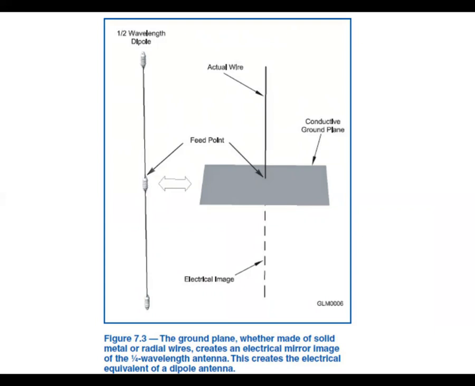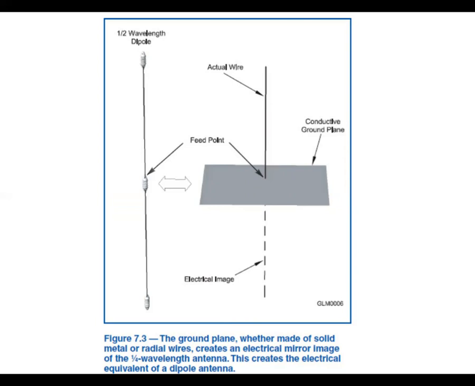You just put the actual wire up, whether it's a post or however you're doing the main element. And then in order to have the balance to accept the energy from the negative part of the cycle, you need to give it what's referred to as an electrical image. So it appears to be the other half of the antenna, the other half of the dipole, but it isn't really.